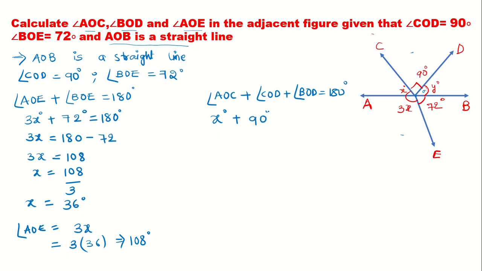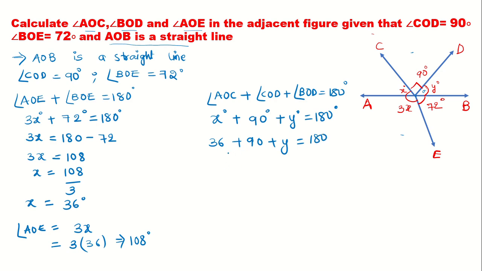It is 90 degrees plus what is angle BOD? It is y degrees which is equals to 180 degrees. Now, we already got x value as 36. Substitute 36 here.